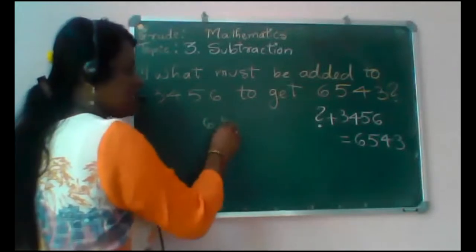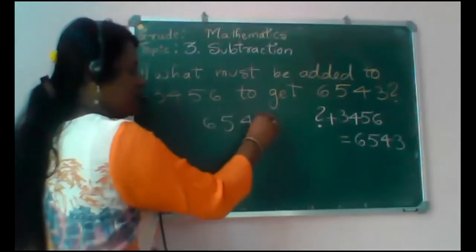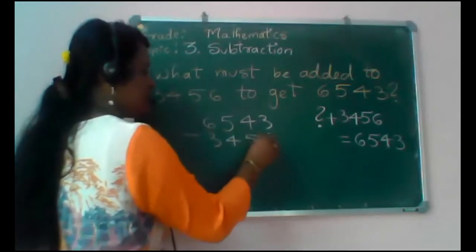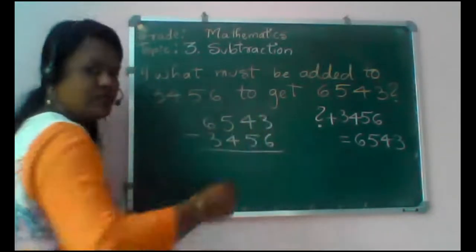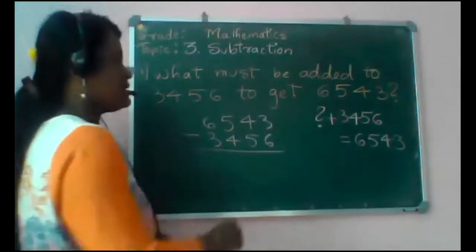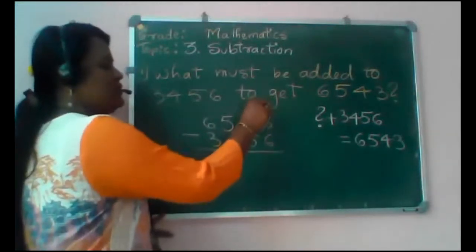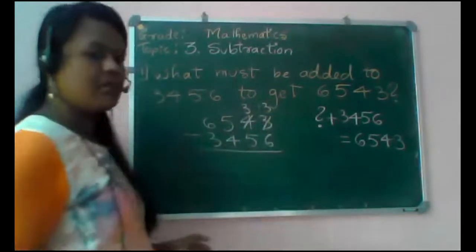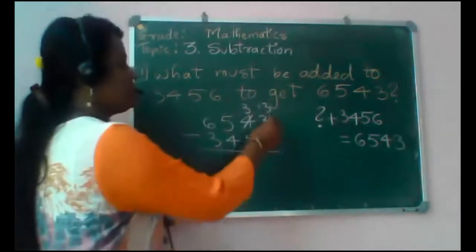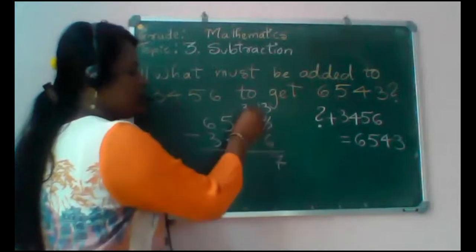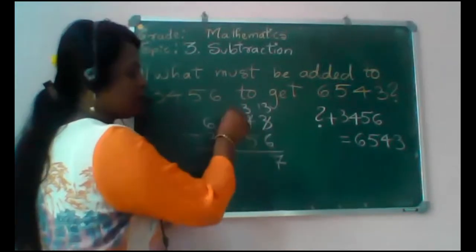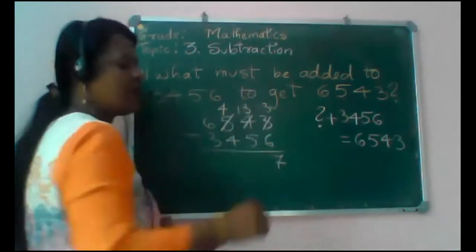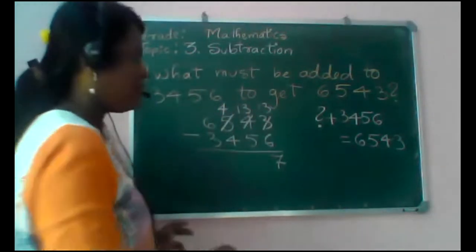We write 6543 minus 3456. So we subtract 3 minus 6, which is not possible. So we borrow from 4. It would be 13 minus 6. That is 7. 3 minus 5 again not possible. So again I have to borrow from 5. So we have 13 tenths minus 5.